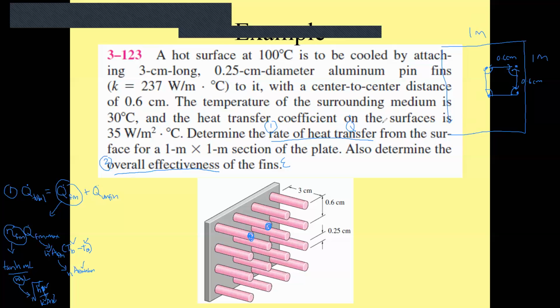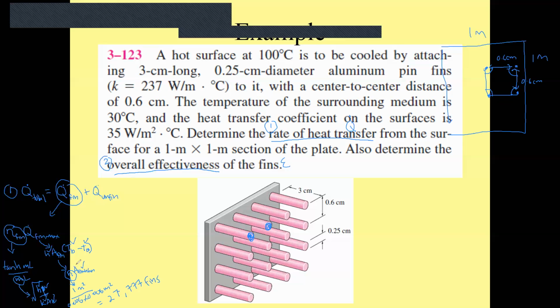So n here is 1 meter square divided by 0.006 squared. You will get n equal to 27,777 fins.